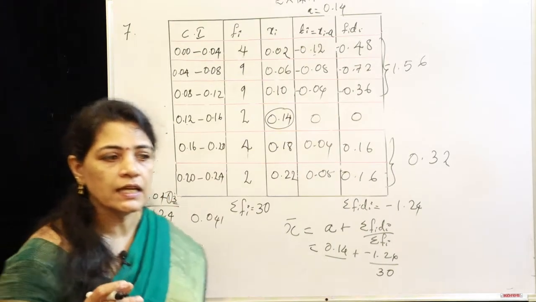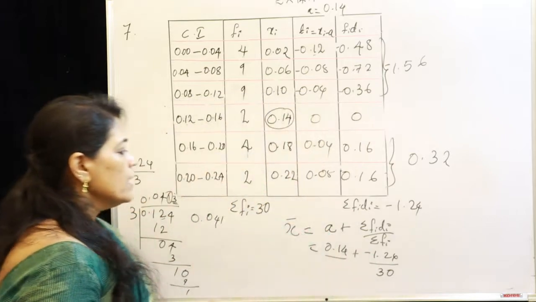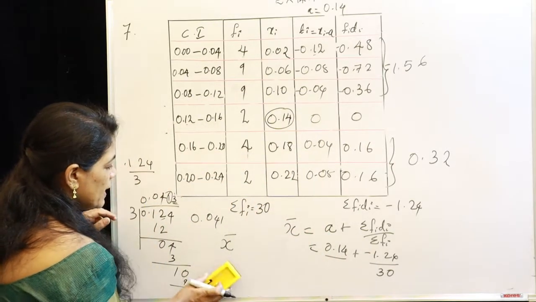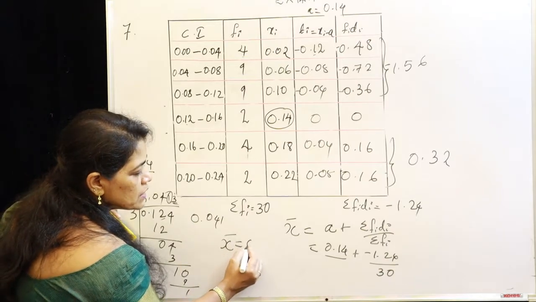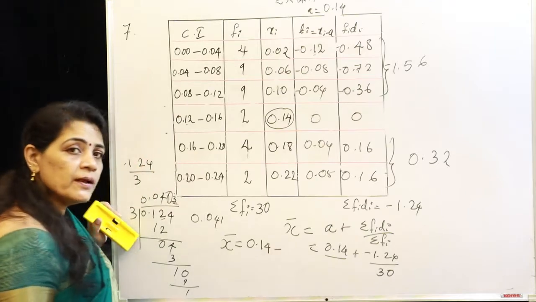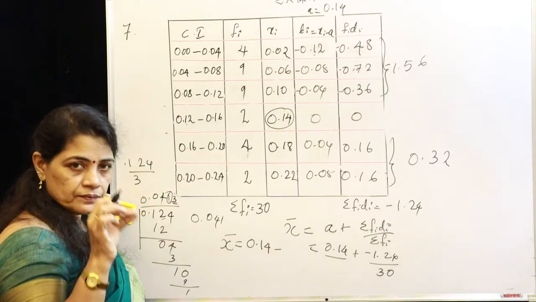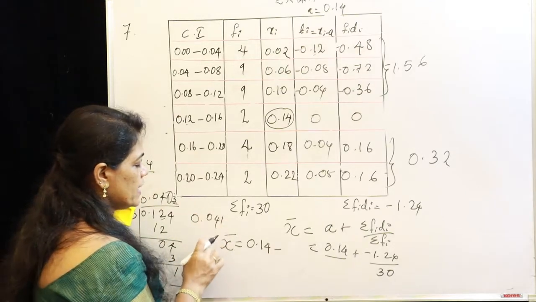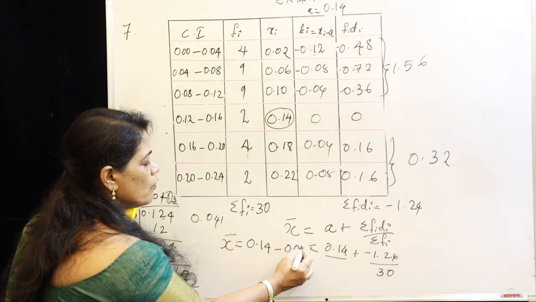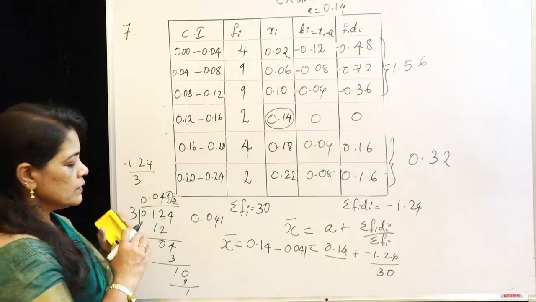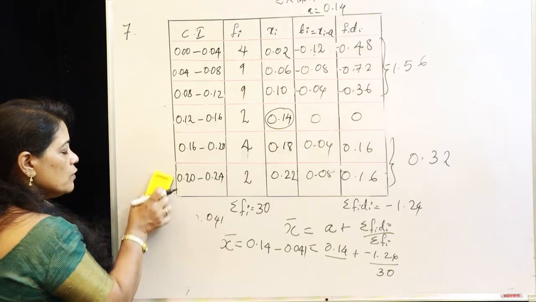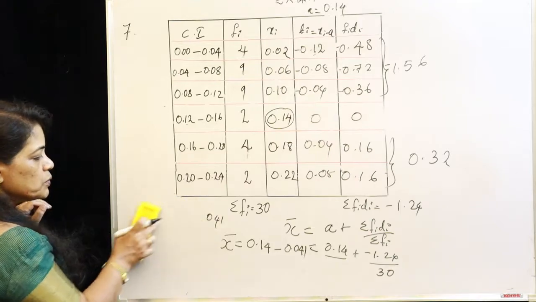Okay, so after division we have got x bar is equal to 0.14 minus, since we are dividing a negative number with a positive, so negative is the sign, 0.041. So final subtraction in order to get the mean concentration of SO2.